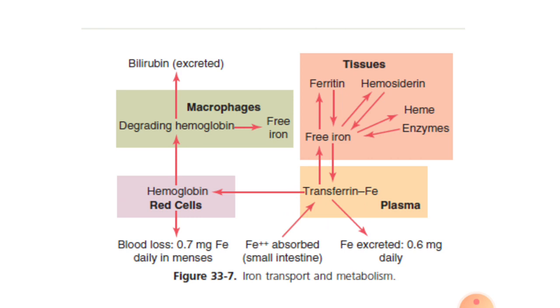Excess iron is deposited in the hepatocytes, and within the hepatocyte it will bind with apoferritin to form ferritin, which is the storage pool of iron. When the amount exceeds the storage pool of ferritin, it will form another form called hemosiderin, which is the insoluble form of iron.